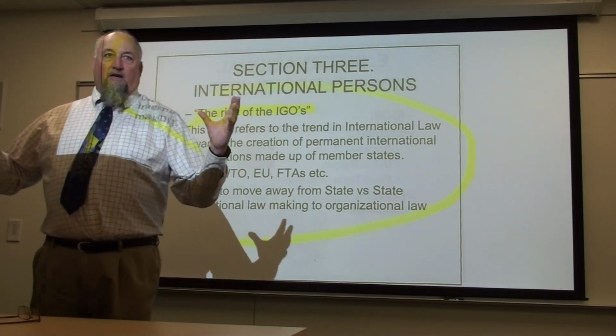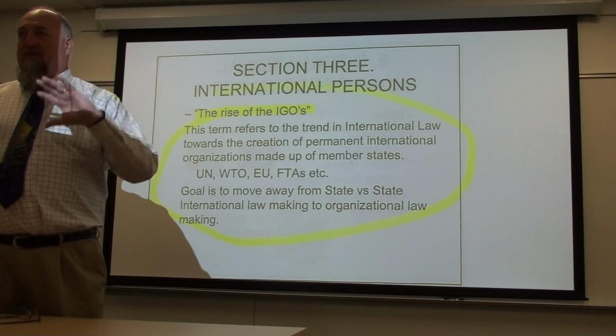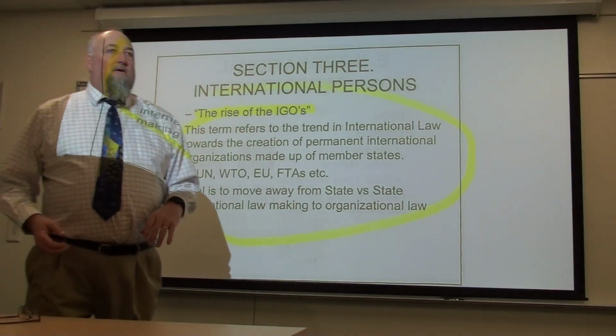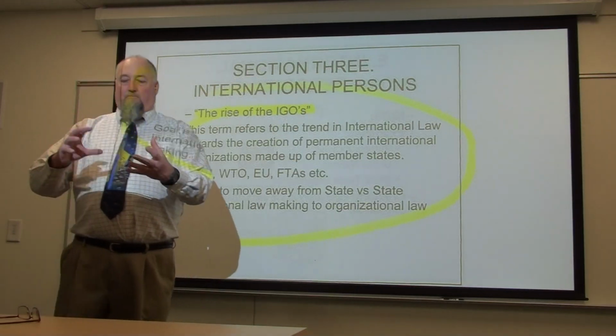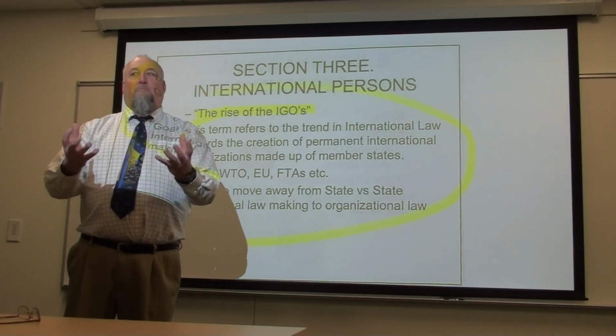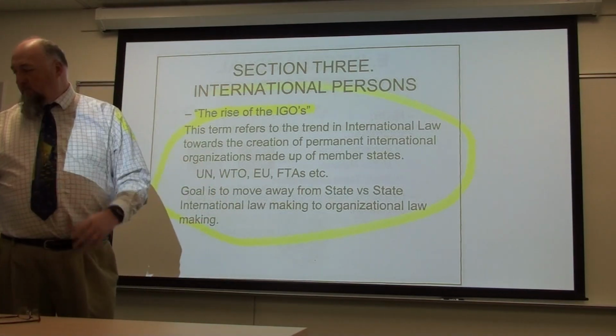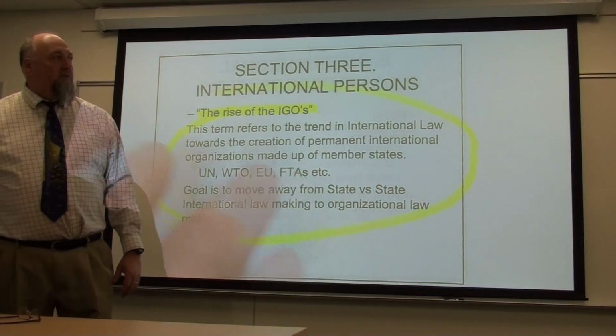If you watch Star Trek, have you here watched Star Trek? The Federation, right, of planets kind of thing. So now Earth is considered not a bunch of different countries, but Earth as one government. So that's kind of this idea of the rise of the IGOs.